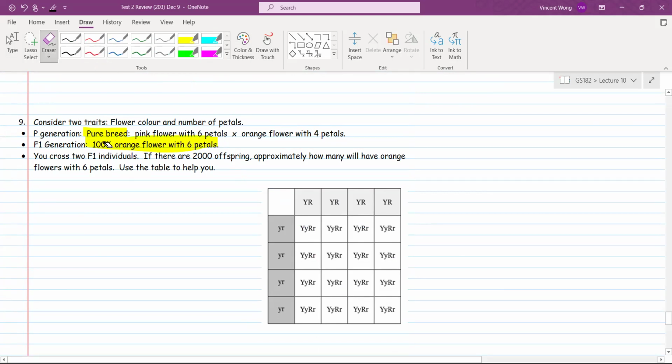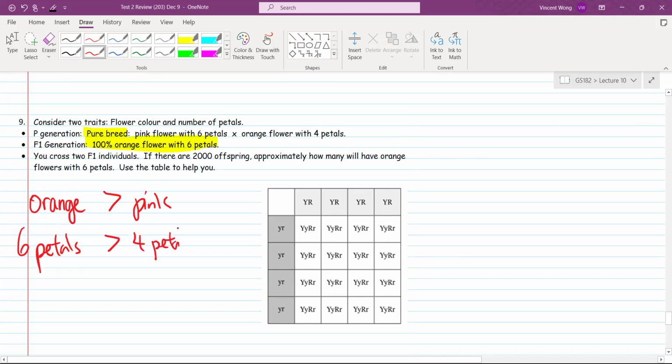So here, orange flower and 6 petals. That means orange, which I'll use R and not O, is dominant over pink. Here, orange is dominant over pink, and 6 petals is dominant over 4 petals.